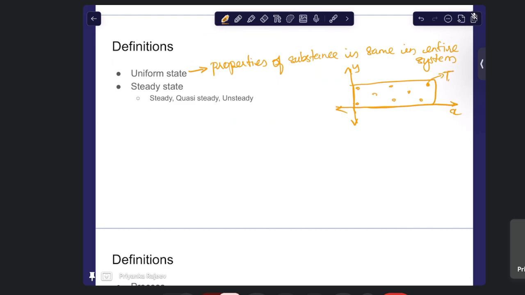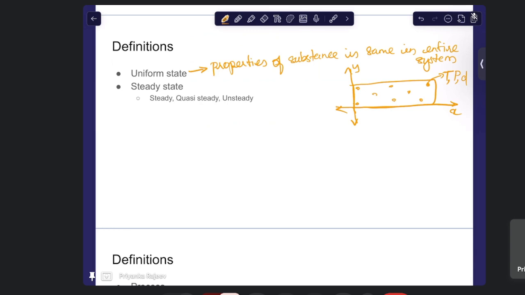Or pressure is going to be constant, or density is going to be constant. So all these values, irrespective of the point of measuring, I'll be getting the same value for the properties measured all throughout the system.